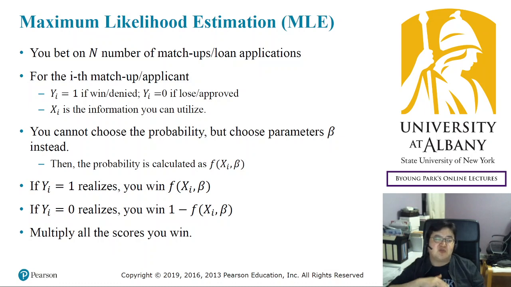And you are going to maximize that. And we call this score, the grade, the likelihood, because likelihood means the probability of the observations, the realizations. So the realization is as likely as this in your estimation. So in that sense, it is called likelihood.